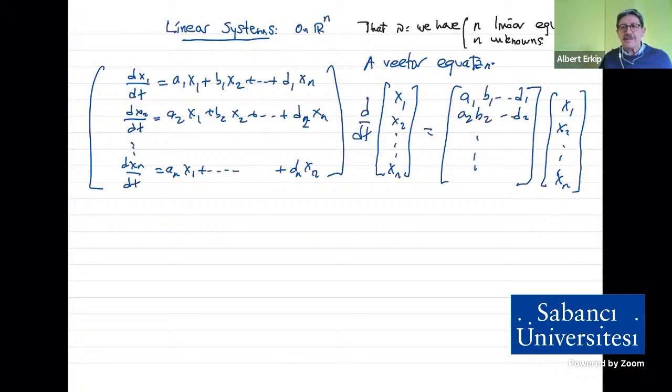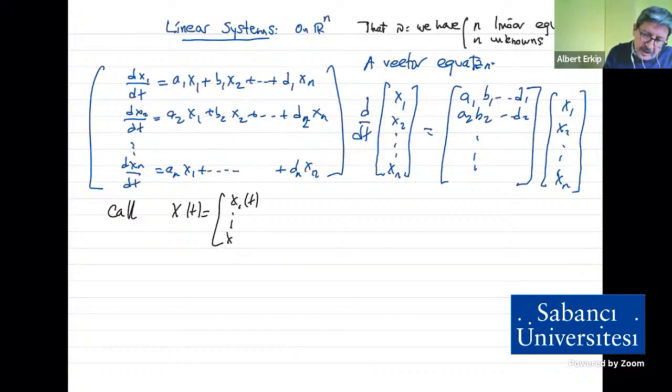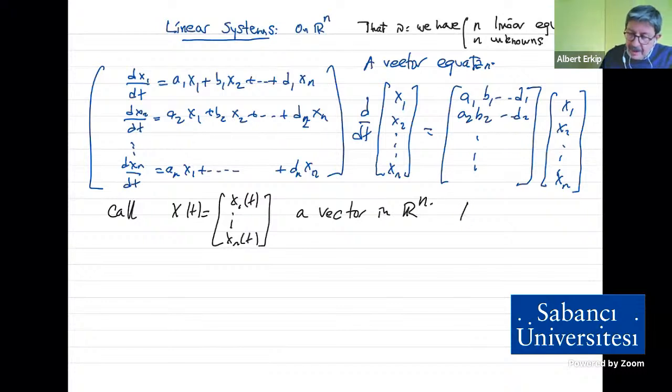And to write it shortly, you can call x of t as x1 of t, xn of t. This is a vector in Rn. And A is an n cross n matrix. This is the matrix A.